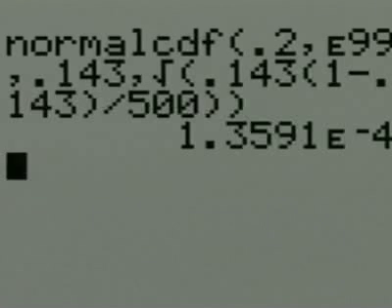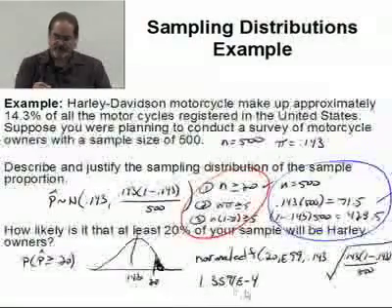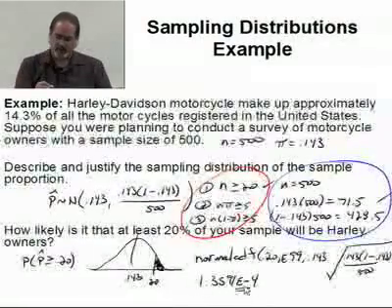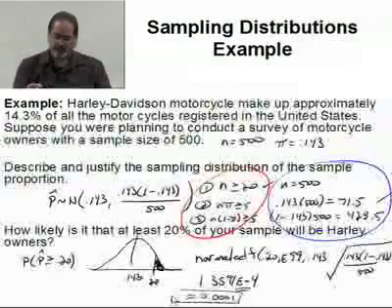And I get that the probability is 1.3591 E negative 4. This is scientific notation. It's saying move the decimal over. It's about 0.0001. That's what I'll report.